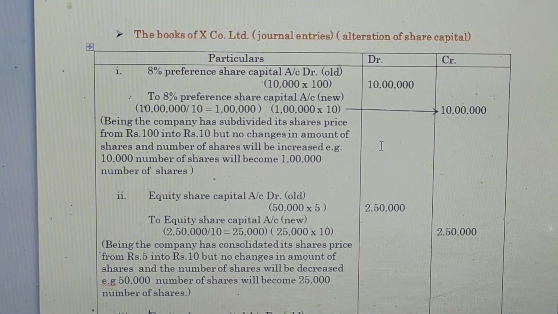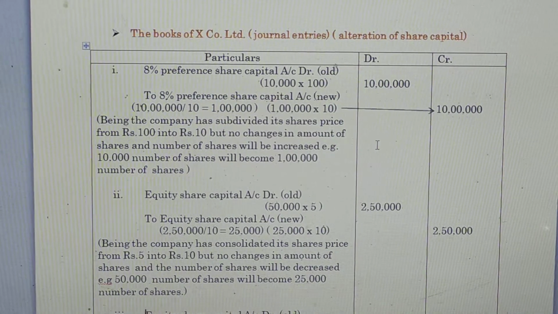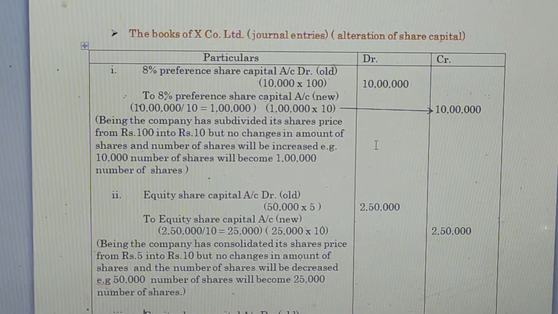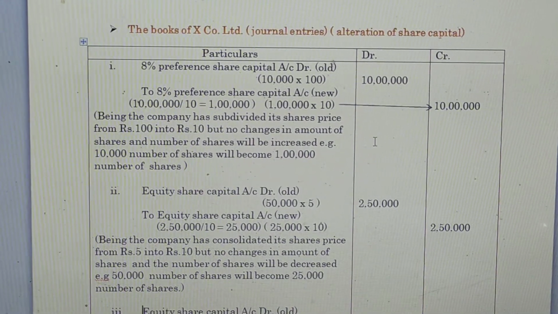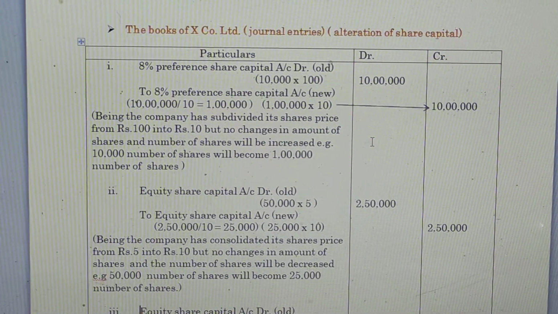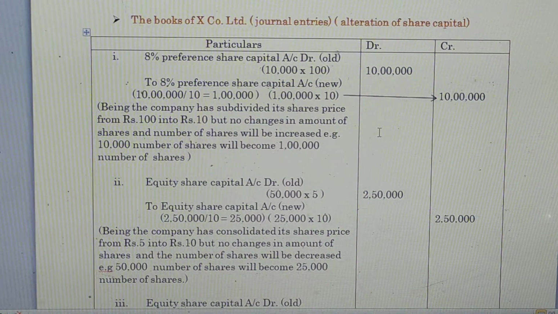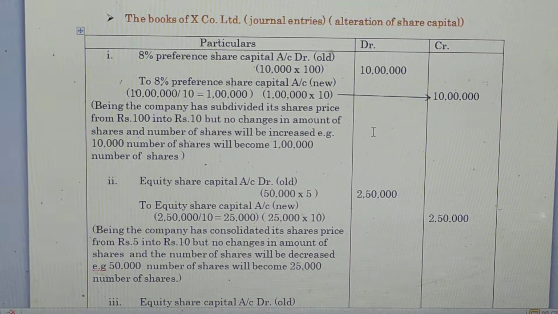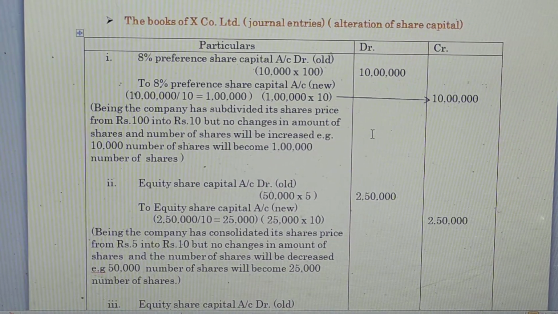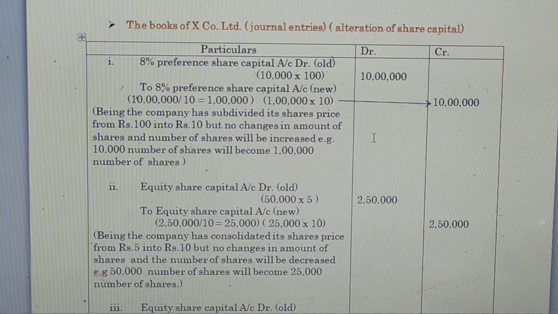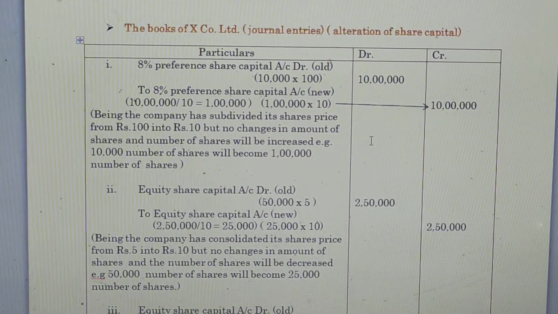And the second journal entry: equity share capital account debit, old value 50,000 multiplied by 5, the amount is rupees 2 lakhs 50,000, and to equity share capital account, new value. The amount of equity share capital will be mentioned on both the debit and credit side.